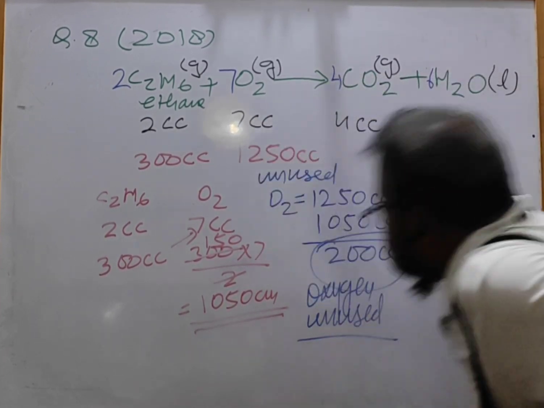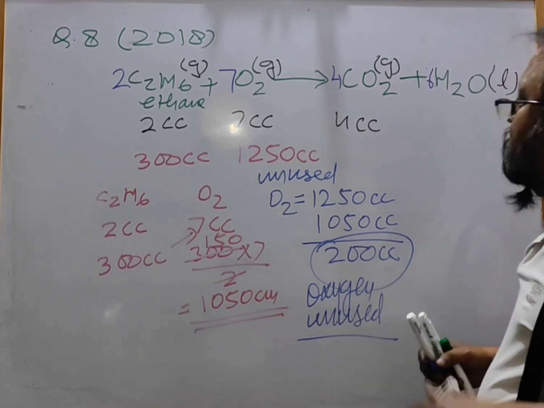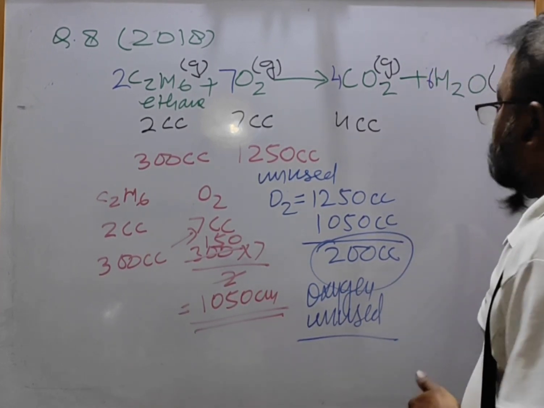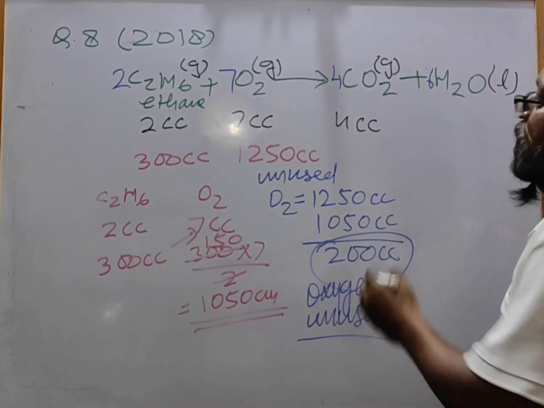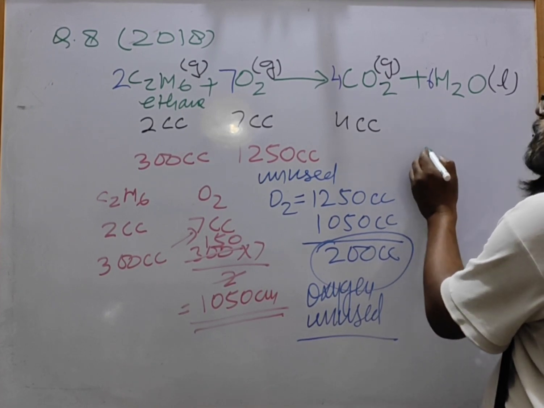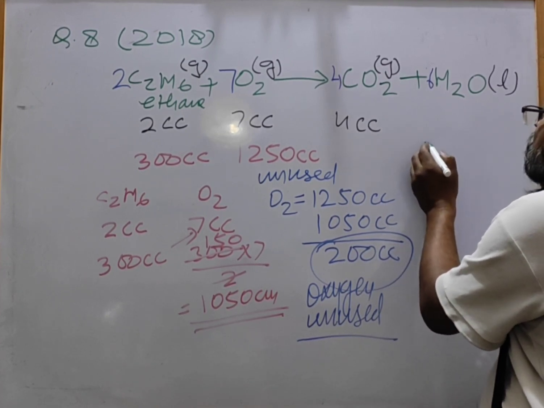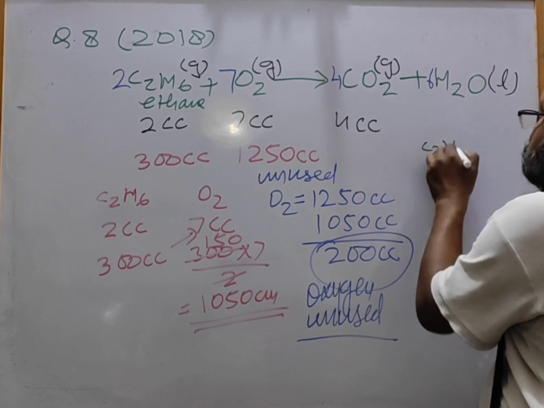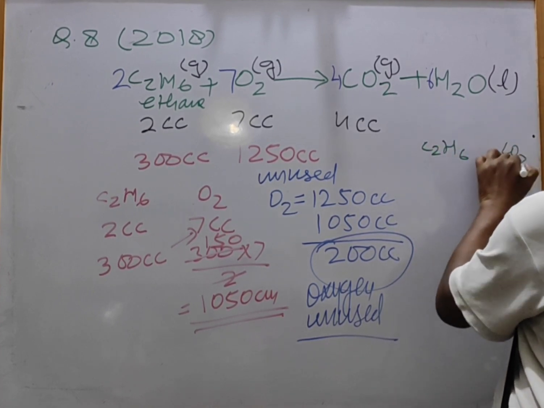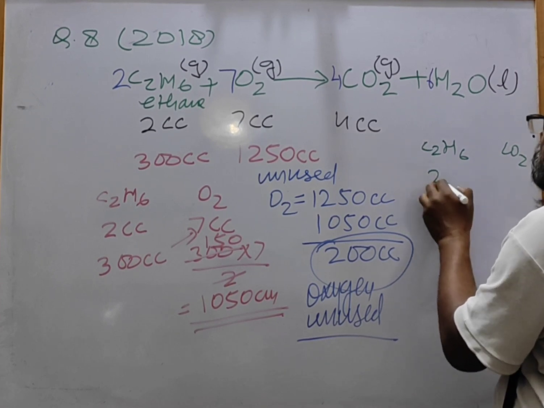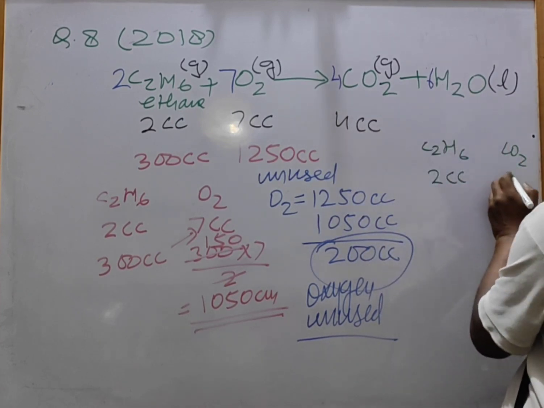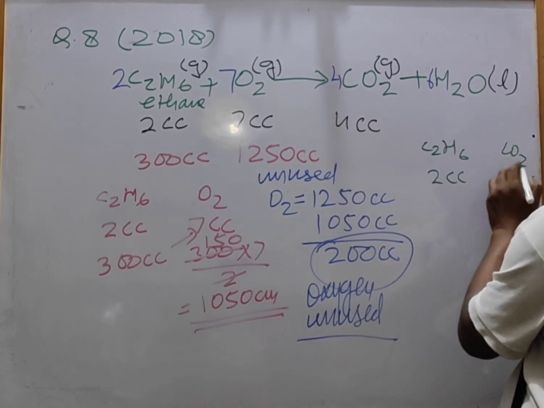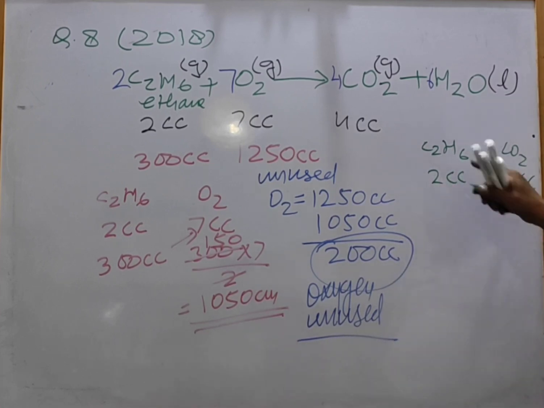And how much carbon dioxide are you getting in this process? Again, if I go with ethane, C2H6, and CO2, 2 cc of ethane gives 4 cc of carbon dioxide.